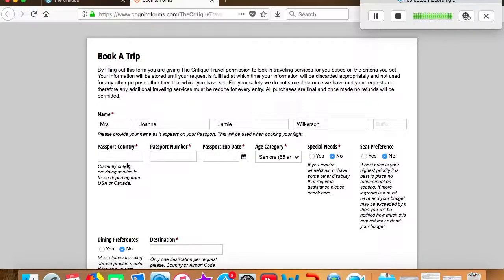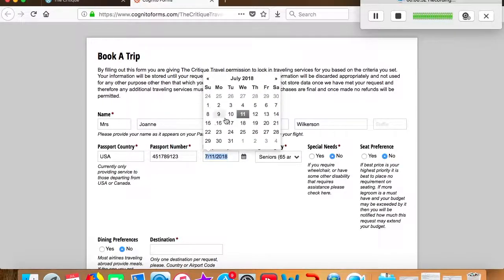But you want to put your passport country here. You want to put your passport number. You want to put your passport expiration date.